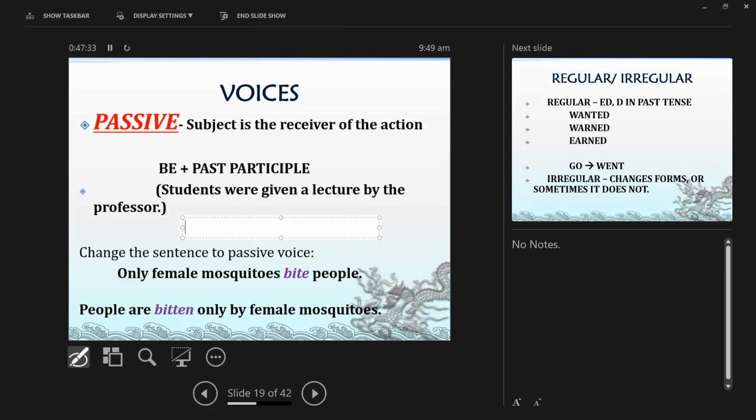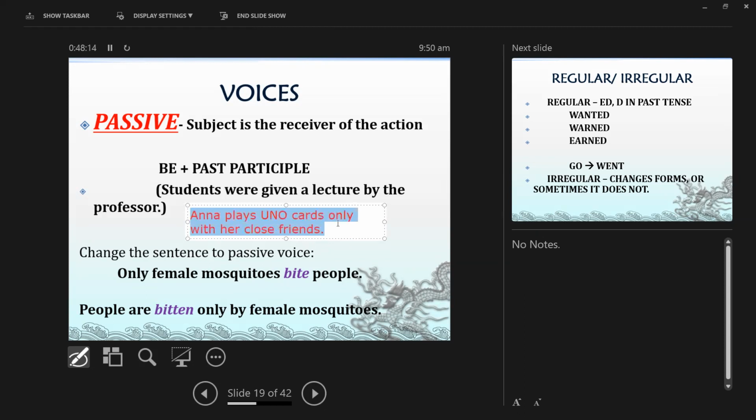So, Anna plays Uno cards only with her close friends. Okay. This is an example. Anna plays Uno cards only with her close friends.